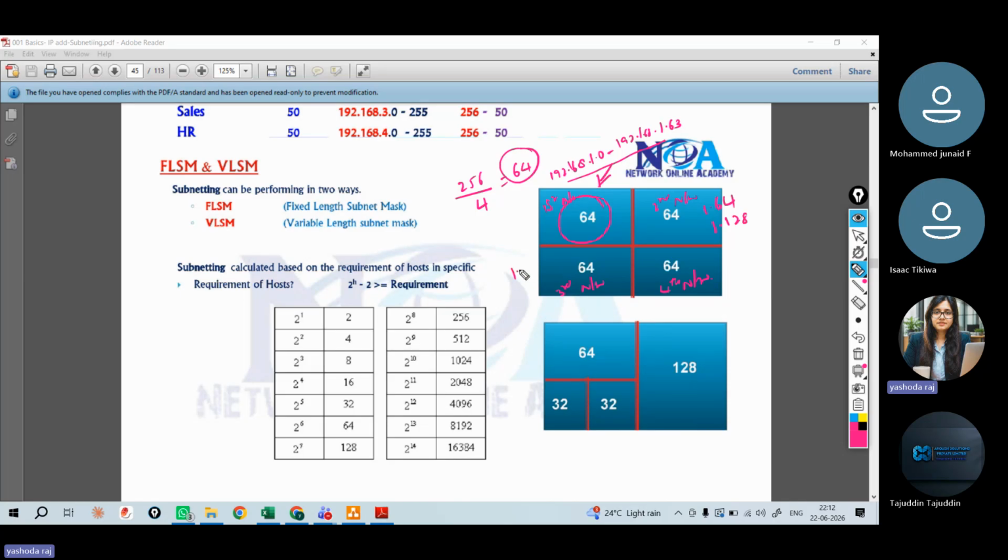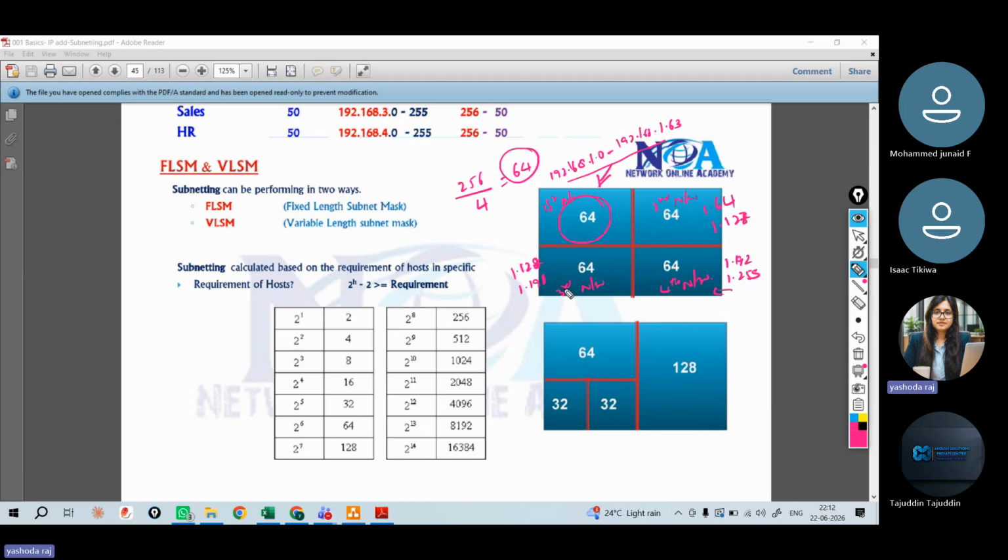Again, 1.128 to 1.191, give it to the third network. Here 1.192 to 1.255, I give it to the fourth network.